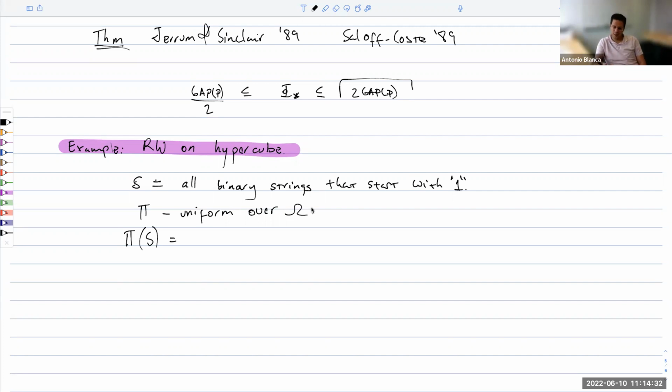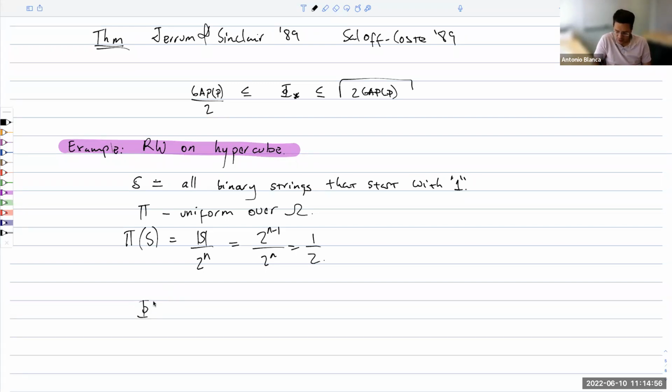That means that the probability of S is just the size of S over the number of strings, which is 2 to the n. And for us, S is all the strings that start with 1, which means this is 2 to the n minus 1 over 2 to the n. So this is 1/2. That's pi of S. So that's definitely one of the quantities we want to consider.